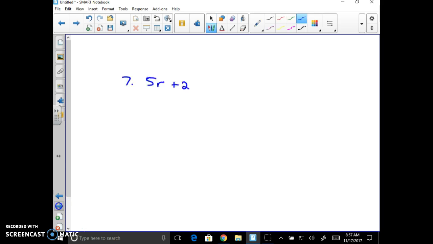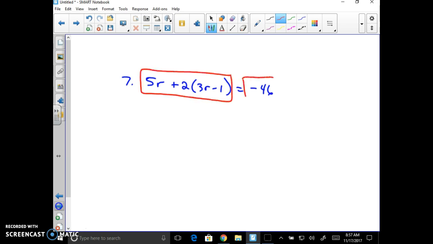5r plus 2 times 3r minus 1 equals negative 46. Box. So you have 5r plus 6r minus 2 equals negative 46. Box.